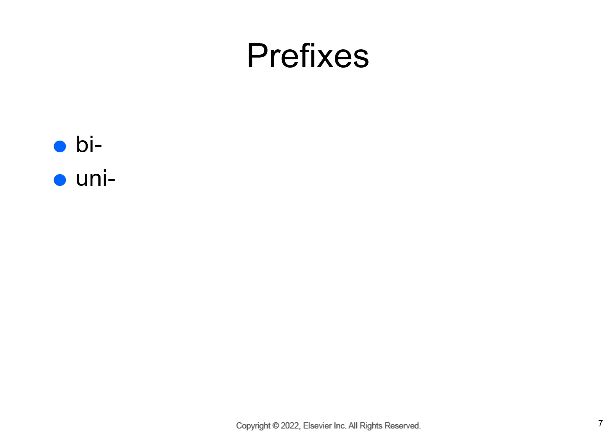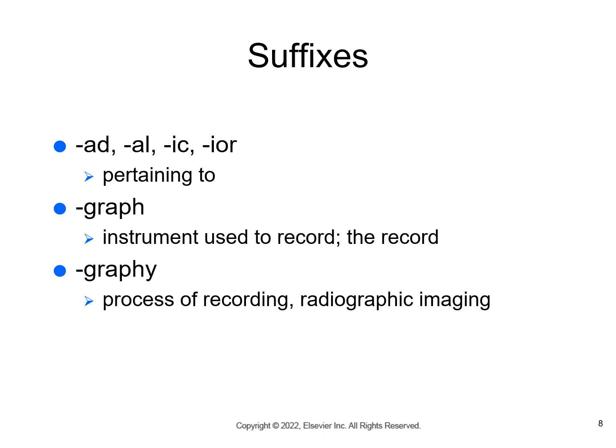A term that you might see in medical terms would be unilateral, which would be referring to one side. In our suffixes, we have al, ic, and ior, all meaning pertaining to, whereas ad is referring to toward something.